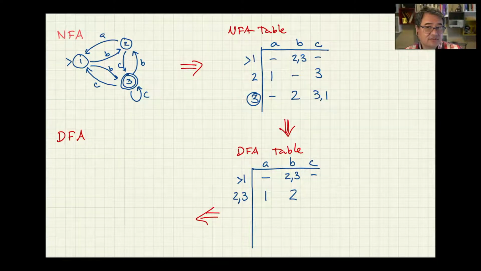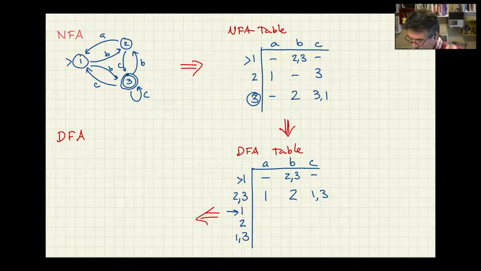Combine those to make 3 and 1, or 1 and 3. We just added 3 new states to the table. So I'll add those, and then we work down to the next row.